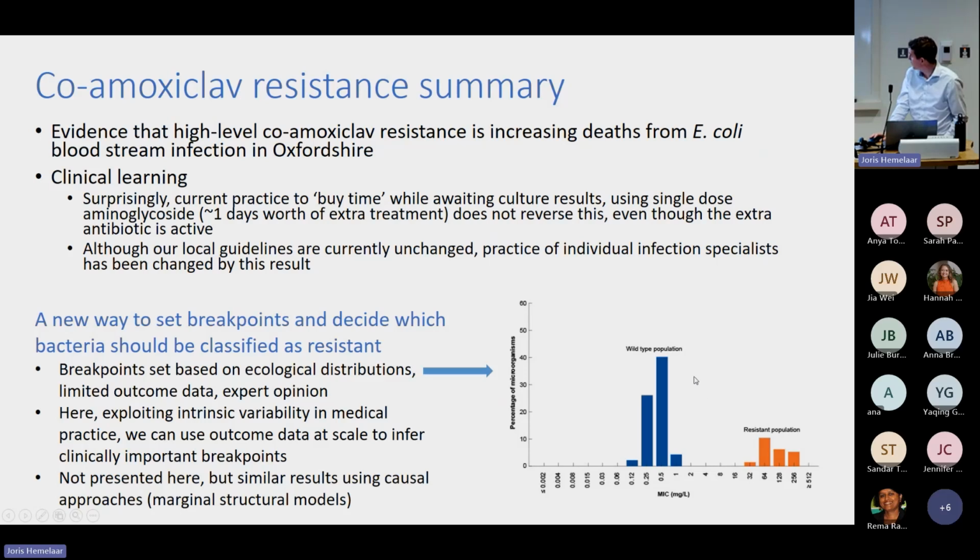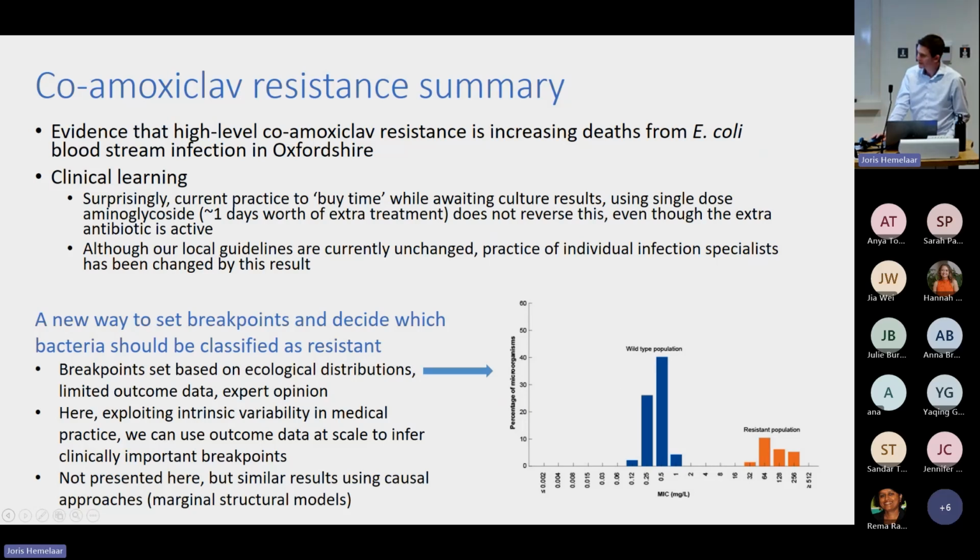If we take a whole series of bacteria and look at what level of minimum inhibitory concentration, or minimum amount of antibiotic, stops them growing in the wild type population, we see a bit of a spread, and then we hope that we see a bimodal population, and then everything that's up here is resistant. But just because this happens, it doesn't mean that everything over here necessarily is associated with treatment failure. It's just that these are the two distributions that we see.